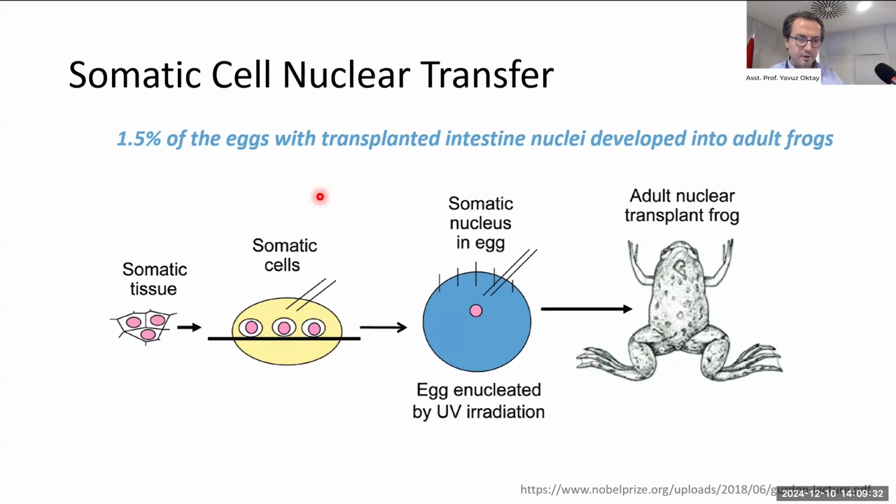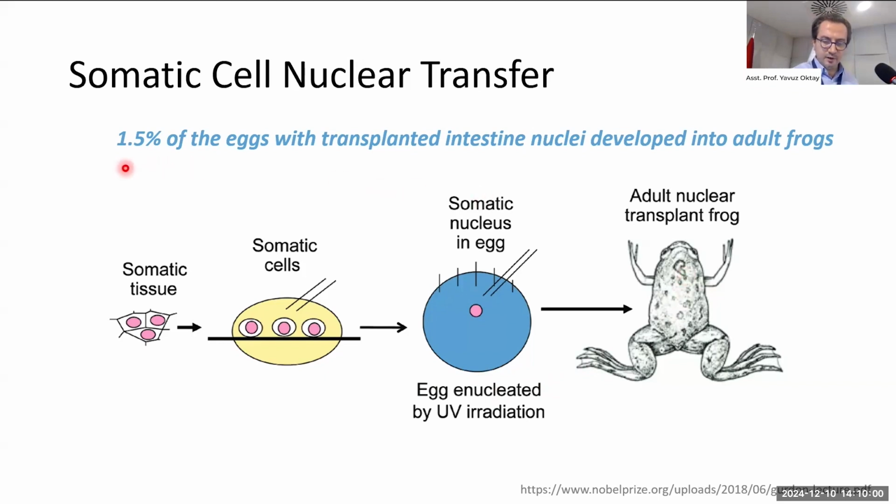Yes, so it was shown that, and I believe it was an intestinal cell from frogs, the nucleus from these cells was transferred into UV irradiated oocytes in frogs. It was able to generate viable and swimming tadpoles and frogs eventually.